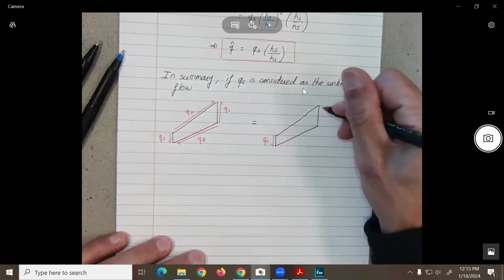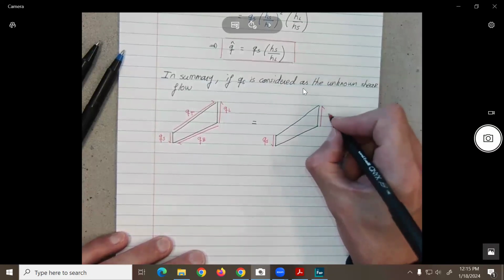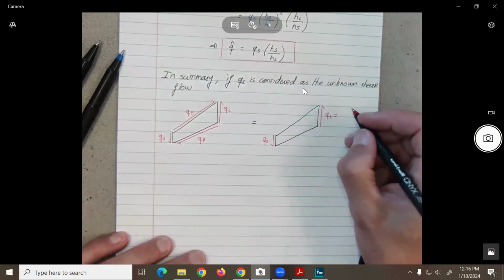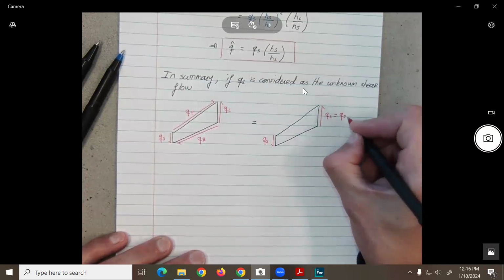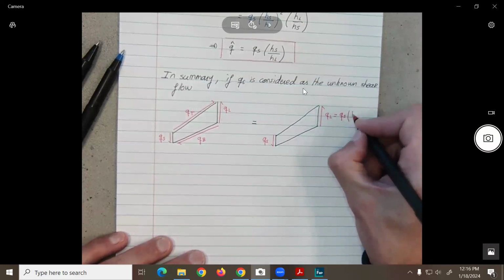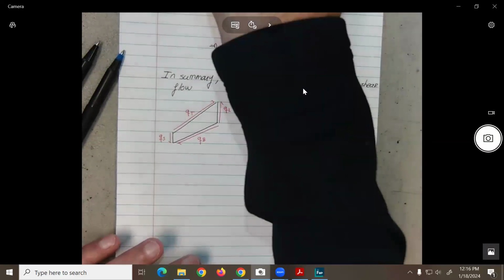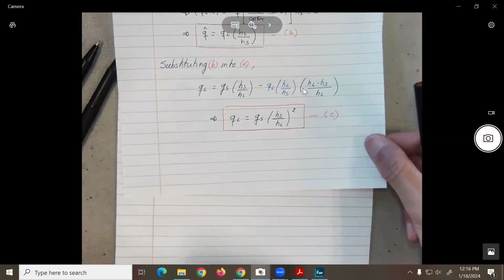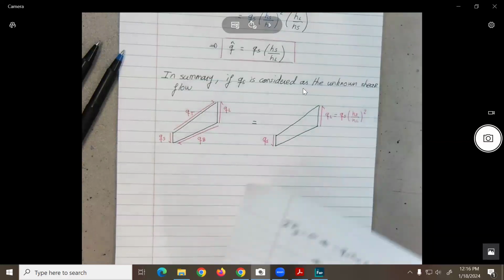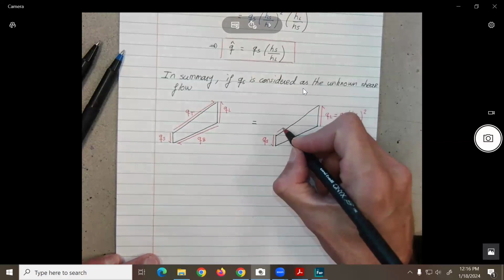So basically, what do we do over here? We know that Q long was equal to what? We derived the expression on the previous page that this is equal to Q short H sub S over H sub L, long. That was equation C. Now, what do we know?